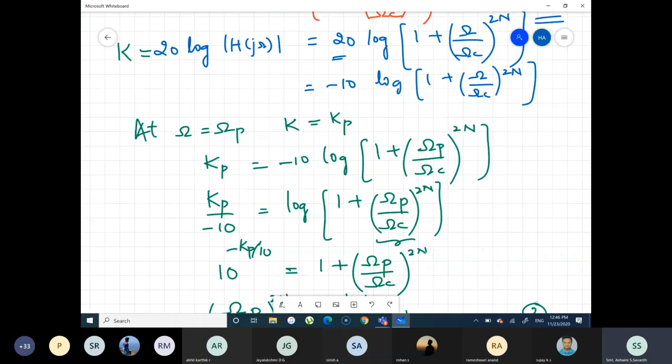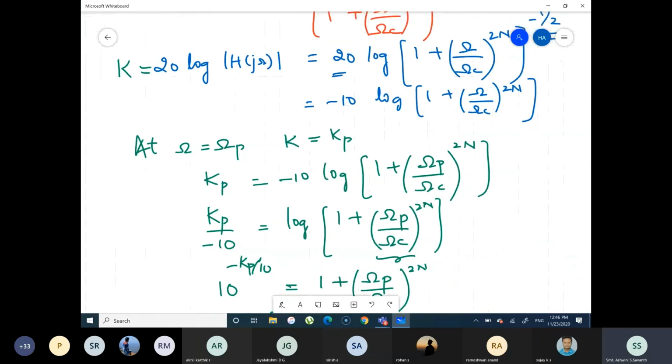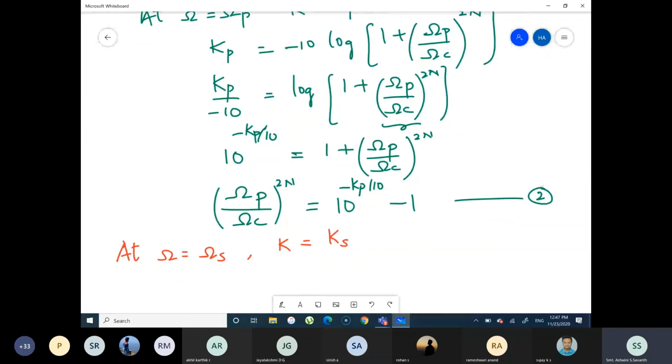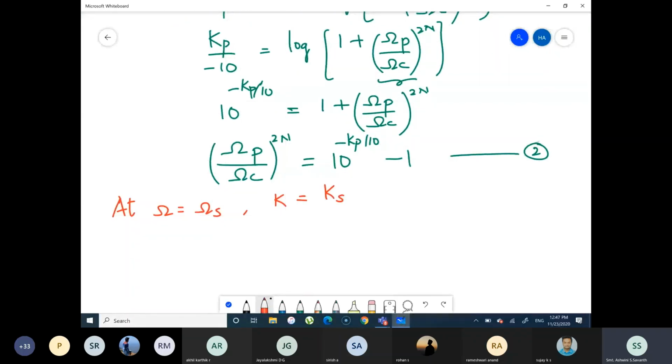So in equation 1, now we'll have to substitute at omega equals omega s, k equals ks. So what will you get? Left hand side, ks equals minus 10 log of 1 plus omega s by omega c to the power 2n.